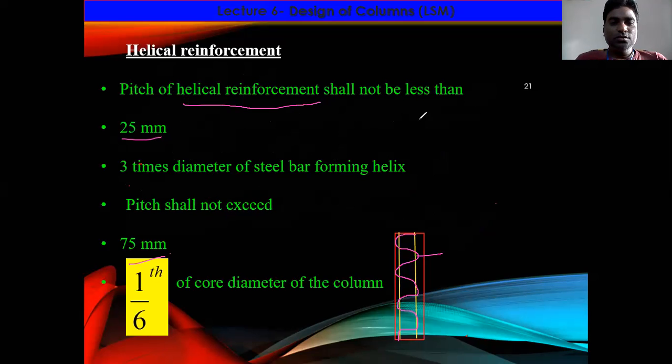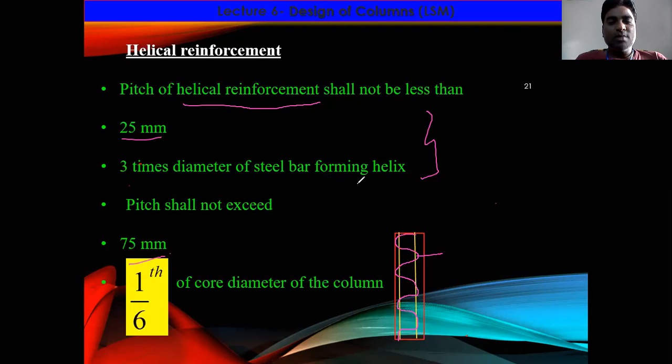So you should take the minimum of this, that is 25 mm or 3 times the diameter of the steel bar forming the helix, nothing but this helical reinforcement. And pitch shall not exceed 75 mm and 1/6 of the core diameter of the bar, whichever is less. So you just calculate all these 4 pitches, out of which you can provide the minimum.